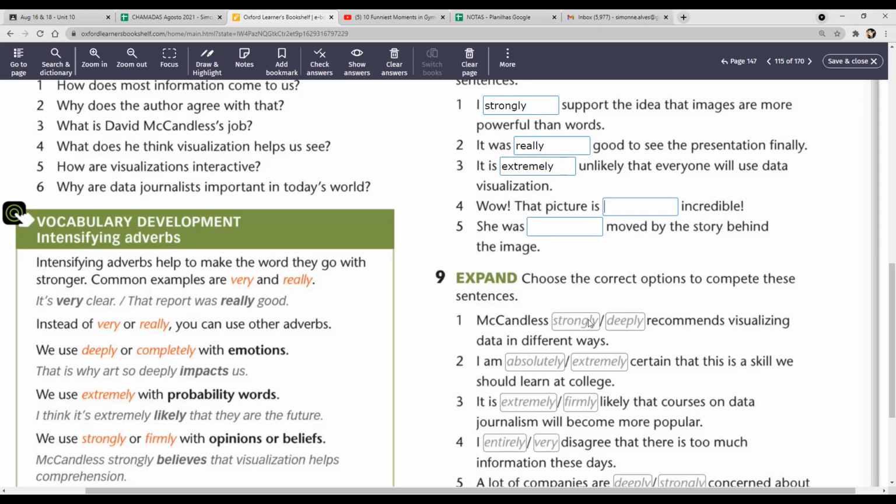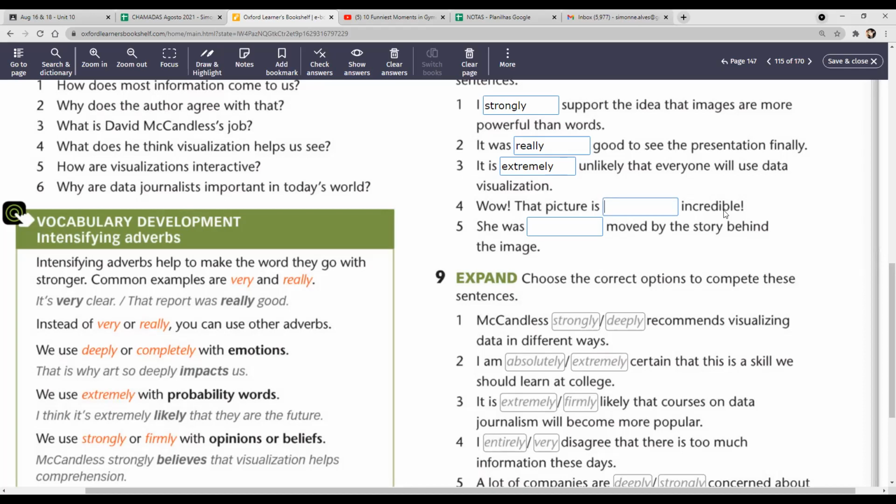So that picture is very incredible? No. Incredible is ungradable. Incredible is an extreme adjective. I can't use very with incredible. It's considered extreme. It's not like good. That picture is very good. Okay, I could say that. Good is gradable, but incredible is extreme.